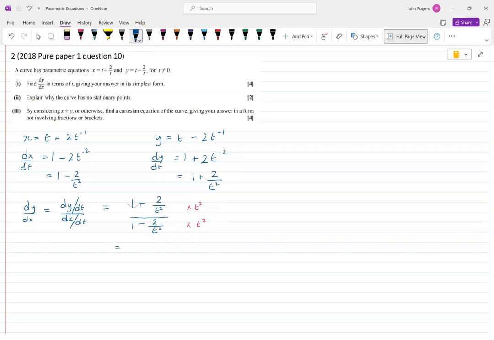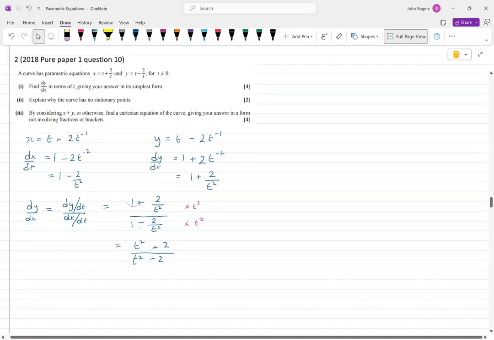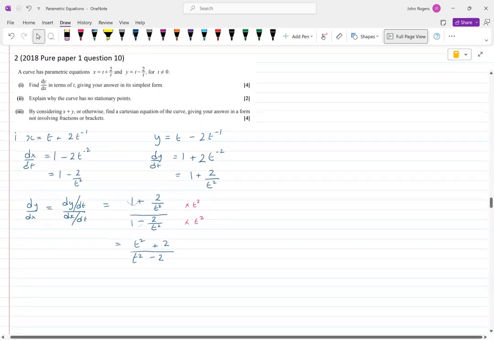On top we're going to get t squared plus 2, and on the bottom the t squared will cancel in the first term and you'll just end up with t squared minus 2. Okay, so that's again not too bad. So we've got dy by dx.